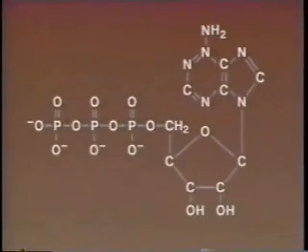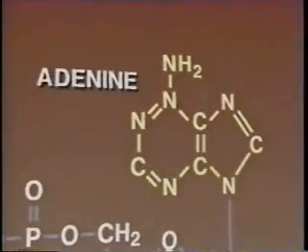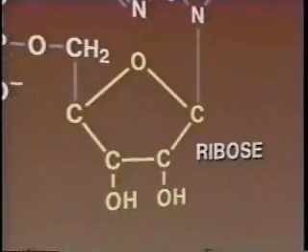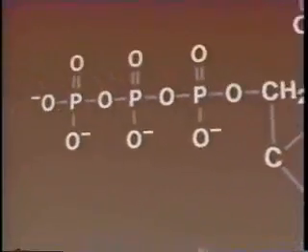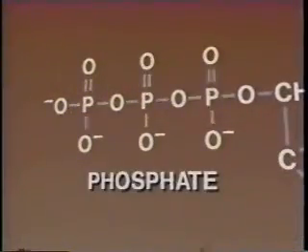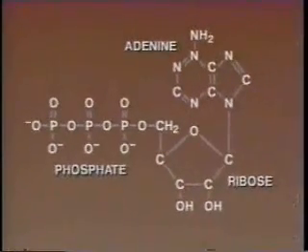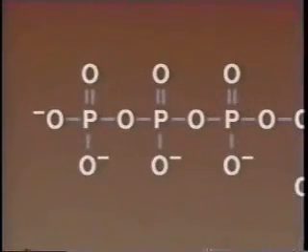Adenosine triphosphate consists of the nitrogenous base adenine, the sugar ribose, and 3 phosphate groups. Though one might think it is the sugar which gives ATP its energy, in fact, it is the phosphate tail which provides the energy.